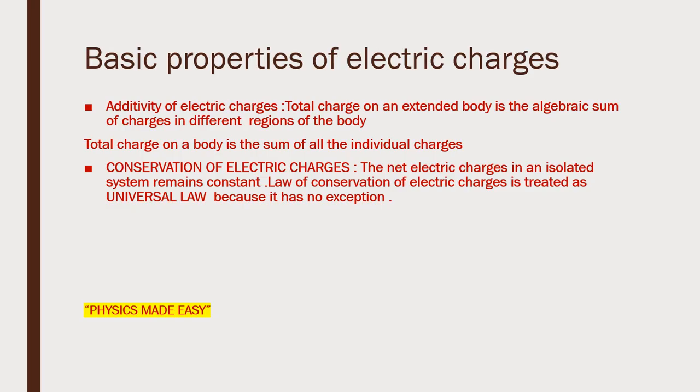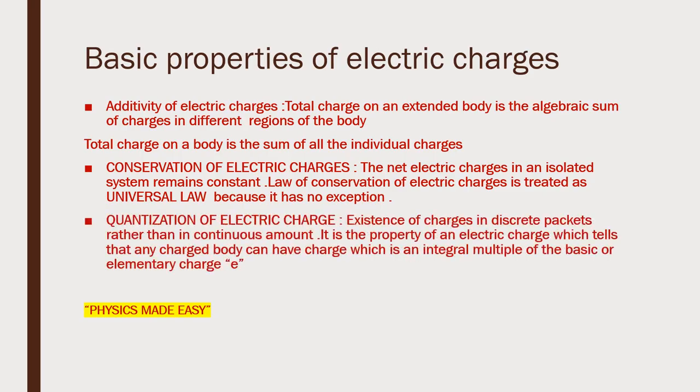In other words, net charge can neither be created nor be destroyed in an isolated system. It suggests that there can be transfer of electric charge from one body to another body, but there is no creation of charge in an isolated system.